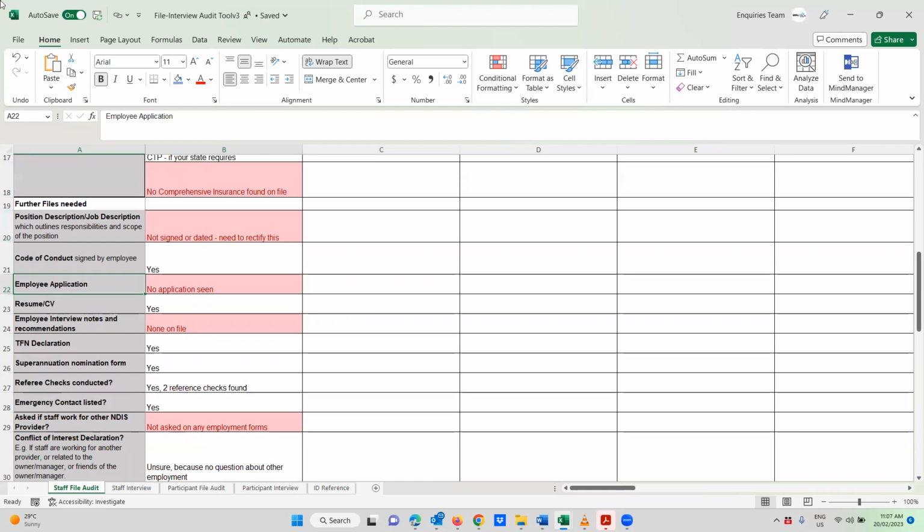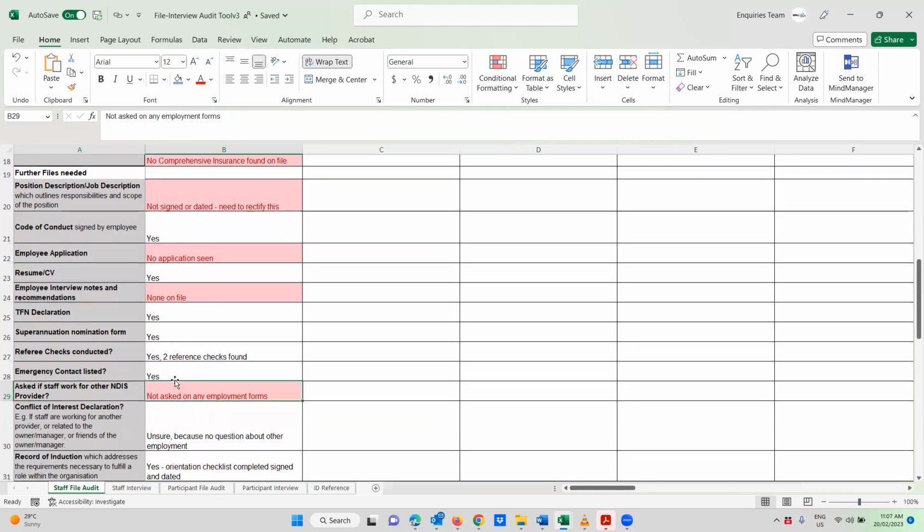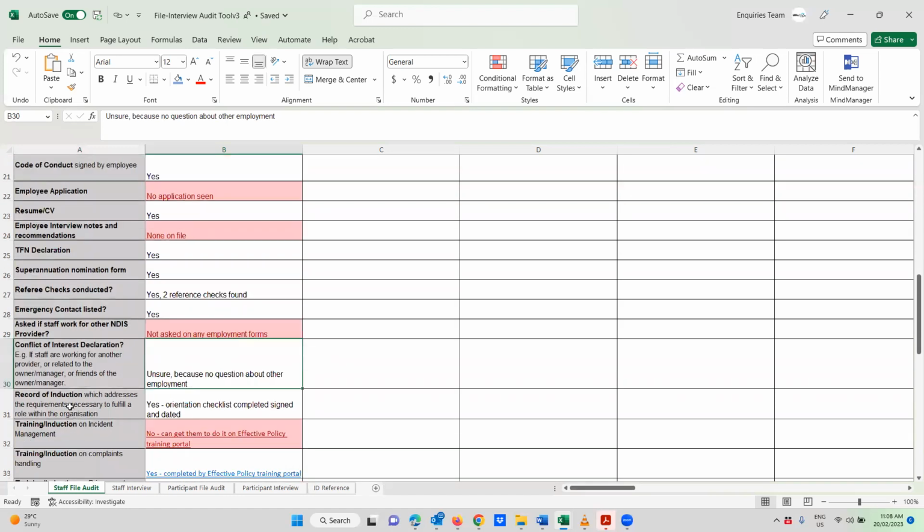The system is that we're going to put all the information into one place here, lovely, in our employee application. So we've said no, it's not been asked on any forms, which means this provider is not able to determine whether there's a conflict of interest. So the conflict of interest form has to be said it's unsure because we never asked whether this person works for another provider. So we have to be unsure because the question wasn't asked.